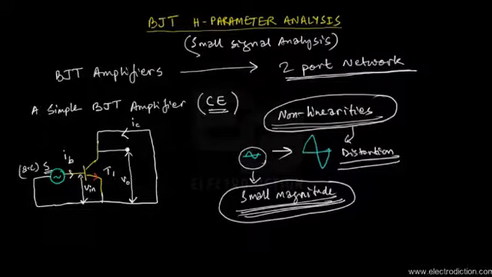Now we know that in the H parameter model analysis, we look at an H parameter circuit, or more precisely a two-port network, as somewhat like this. We just take it as a box, assume that there's some circuitry inside, and we have two input terminals and two output terminals. So these are the input terminals and these are the output terminals. There you go, and this is your circuit.